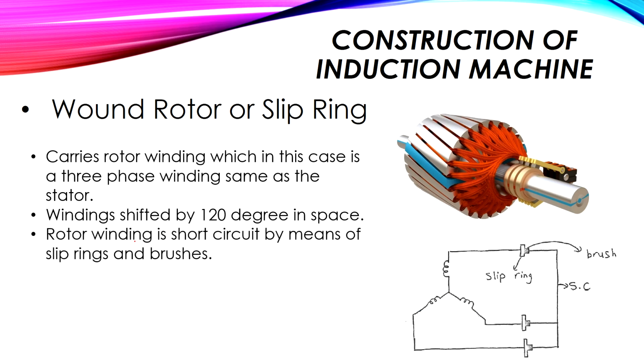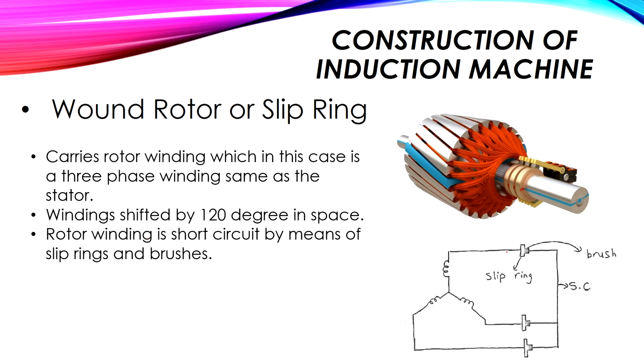The rotor winding is short circuited by means of slip rings. So the stator, the 3-phase input supply, is not short circuited. It is connected to a 3-phase supply, or we take the output in case of the induction generator. But in case of the rotor, the winding is short circuited by means of slip rings and brushes.